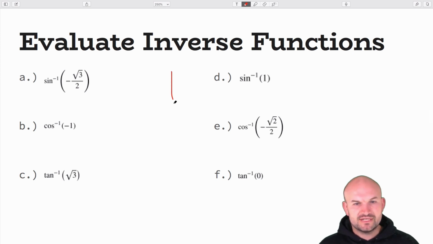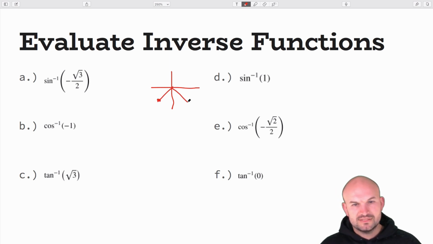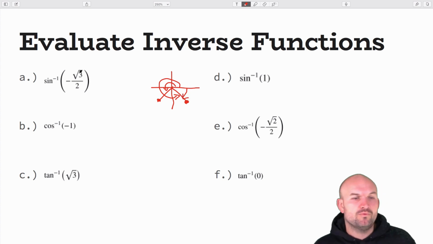So what I'm going to do is I'm just going to do a rough little sketch here. Sine is negative square root of 2 over 2. That's going to either be down here or down there. And again, you can't use these two angles, right? Those two angles are not going to work. It has to be this angle. So now I just need to figure out, well, what is basically that angle? What angle gives me a y coordinate of negative square root of 3 over 2?